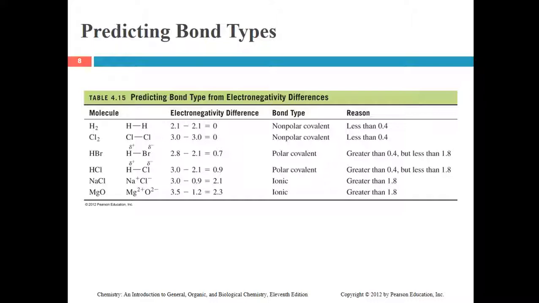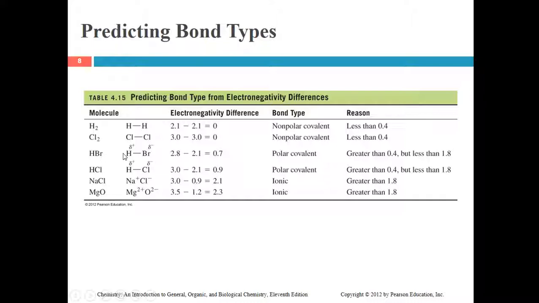So you can look at our different molecules and predict what kind of bond type it is. And of course, in doing this, you would need to remember to use the electronegative chart. So a hydrogen to hydrogen, well, I don't care what value hydrogen is, but if you have the same value, it's going to be 0, so of course it's nonpolar covalent. Ditto for the chlorine. Let's look at HBr.